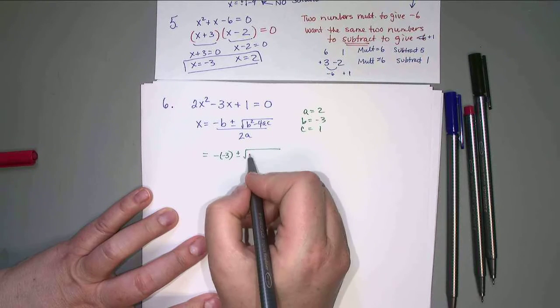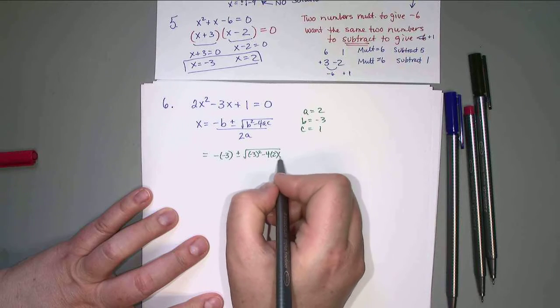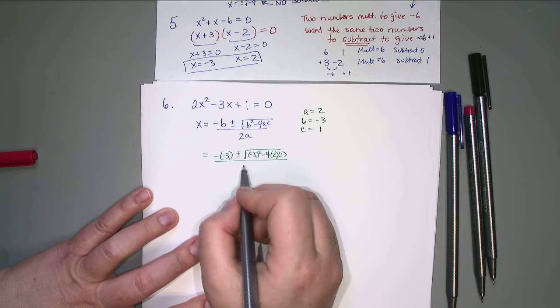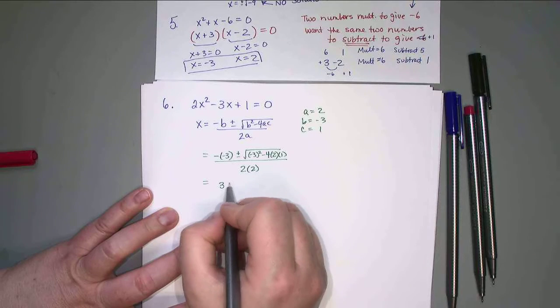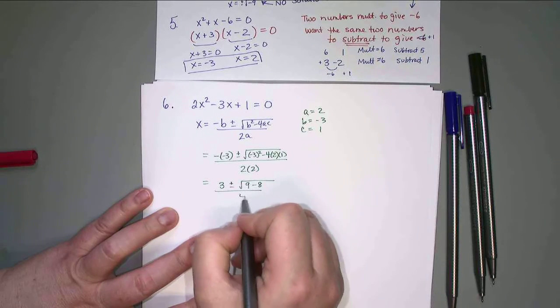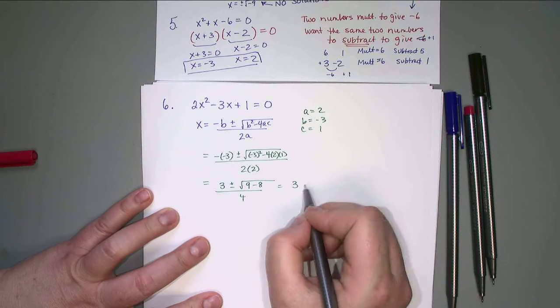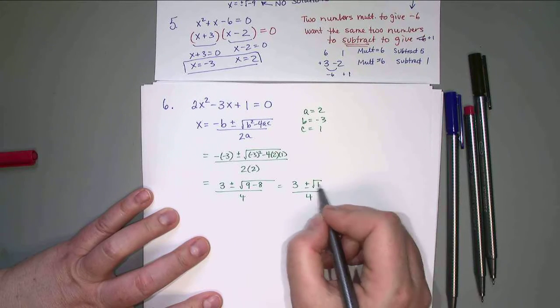B squared is negative 3 squared minus 4 times A times C. So we have 3 plus or minus square root of 9 minus 8 over 4. Square root of 1 is 1.